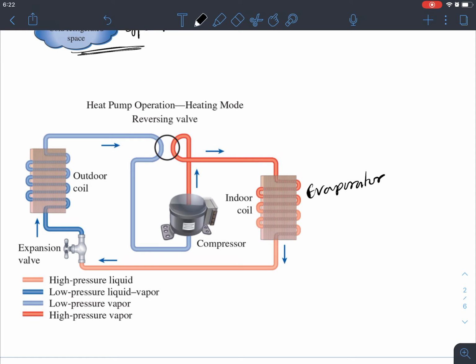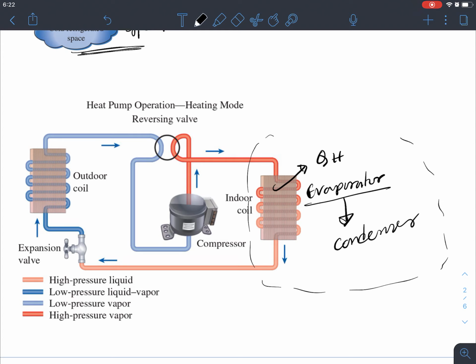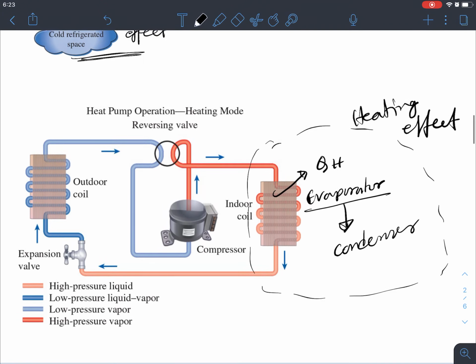So now it's not going to the condenser, it's going through the evaporator, and that evaporator is converted to a condenser just by changing the flow direction. Now, instead of taking the heat QL, it's rejecting the heat QH. It's creating the heating effect in this space.